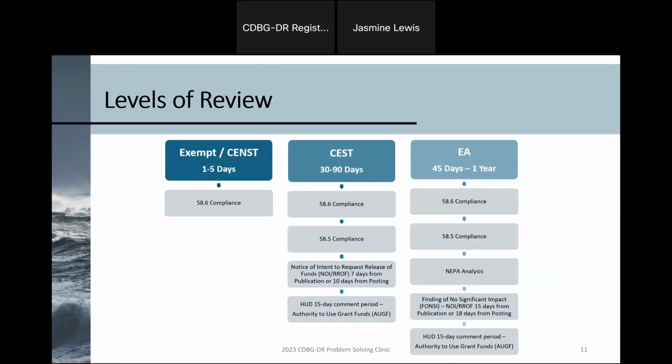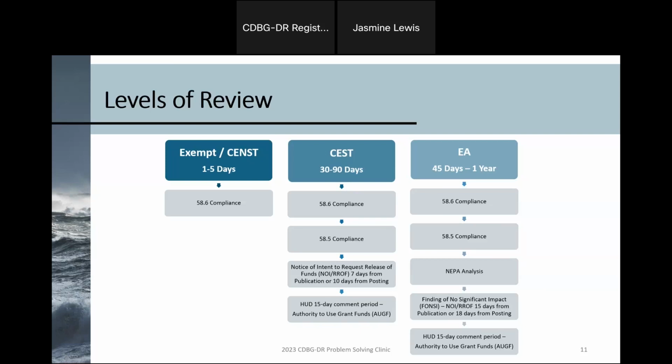Once you document compliance for CENST and exempt reviews for those three requirements and no issues come up, then that's really it. You sign your environmental review record, put it in your project file, and no further action with public notices or reaching out to HUD is needed.